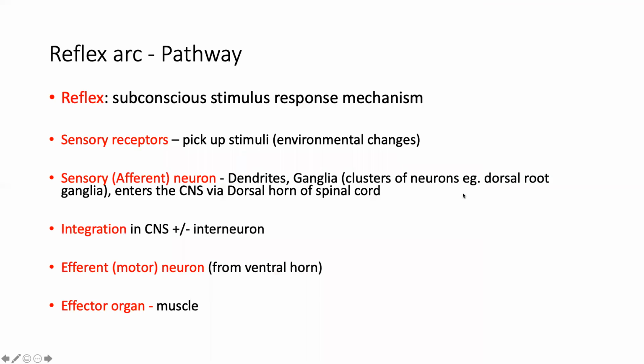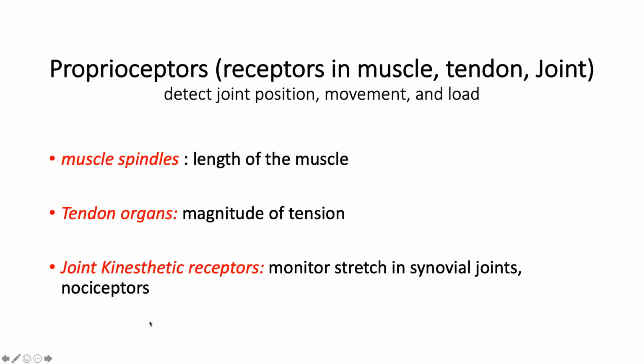So now we know what a reflex arc is. What are the requirements of a reflex arc? They are sensory receptor, sensory neuron, integrating center, efferent neuron, and effector organ. And we know the receptors for the joints, muscles, and tendons: muscle spindle, Golgi tendon or tendon organ, and joint kinesthetic receptors.